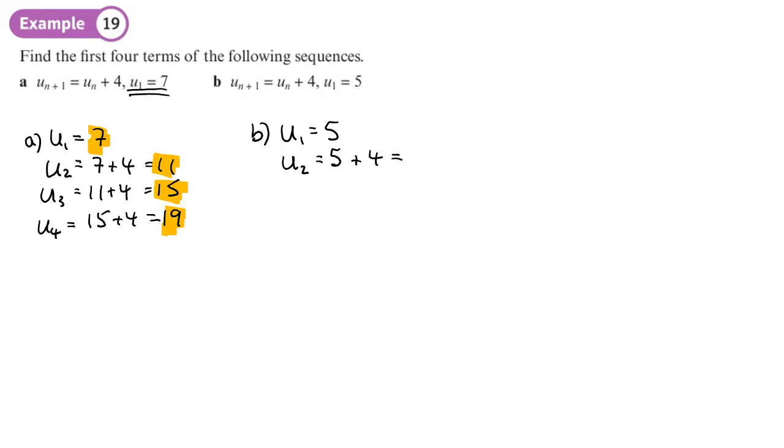So it's going to be 9. u3 is going to be 9 plus 4, 13. u4 is going to be 13 plus 4. So because we have a different starting number, our sequence is slightly different to the last one, in that it's just 2 lower, because the starting number was 2 lower than that one. Okay, nice, easy, basic stuff. 5, 9, 13, 17.